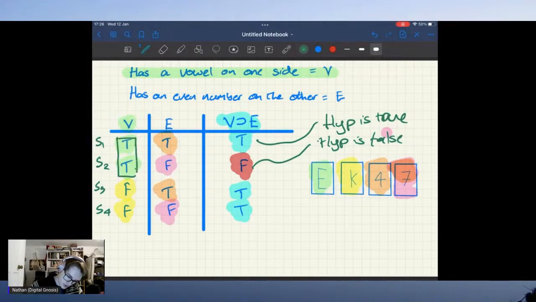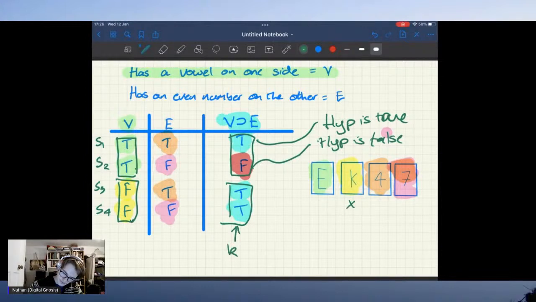If we turn E over, it could be true or it could be false. If we turn K over, that's going to tell us nothing, because it's true either way, so it's not going to be K. If we turn 4 over, it's going to be one of these two, and it comes out true either way.